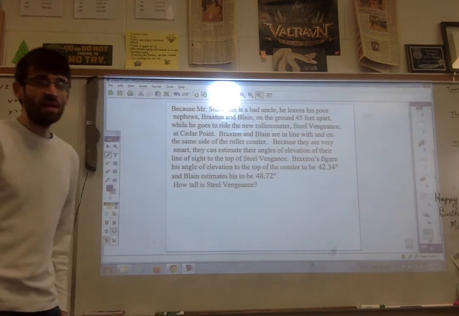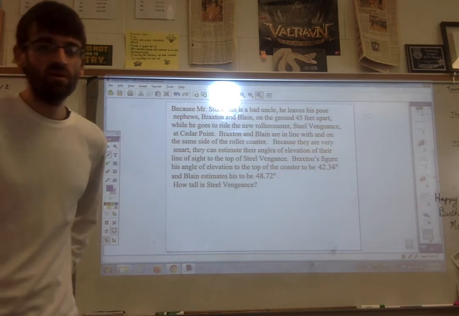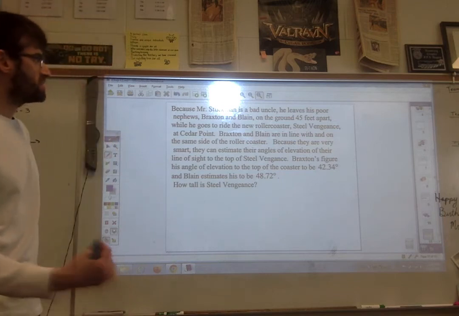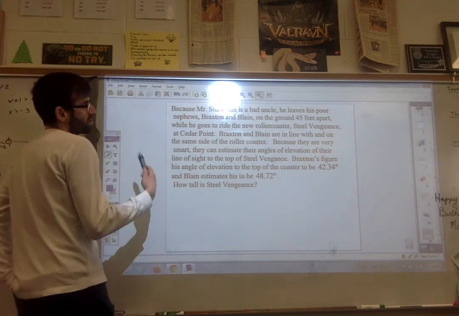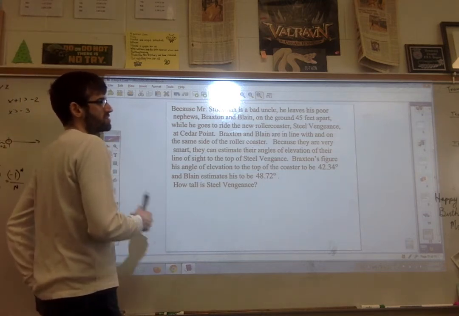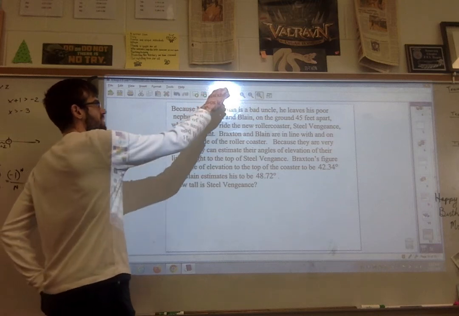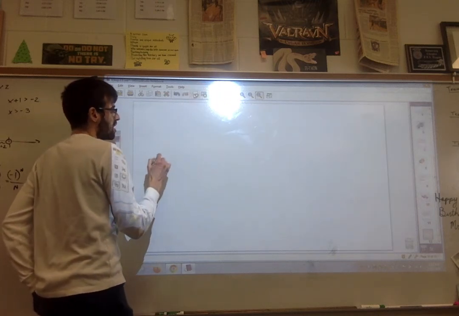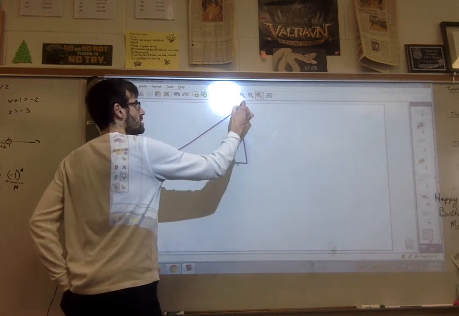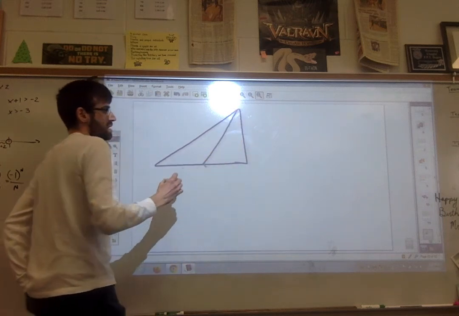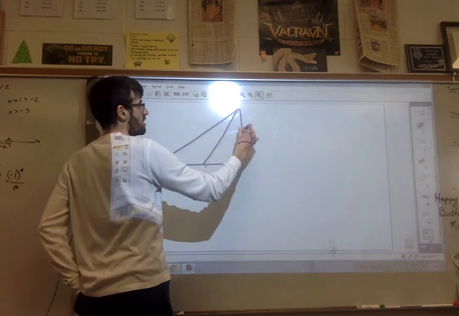So again, this is the same problem that we solved with my nephews in the problem on Steel Vengeance. Remember, the closer you get to an object, the higher your angle of elevation. So when I draw that, I'm solving for the height.